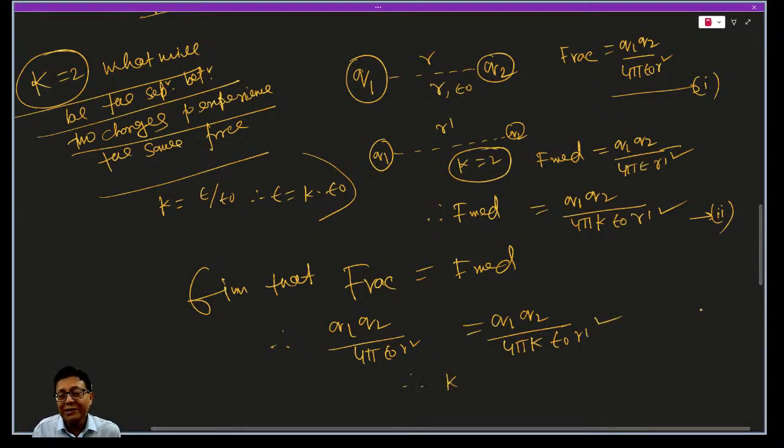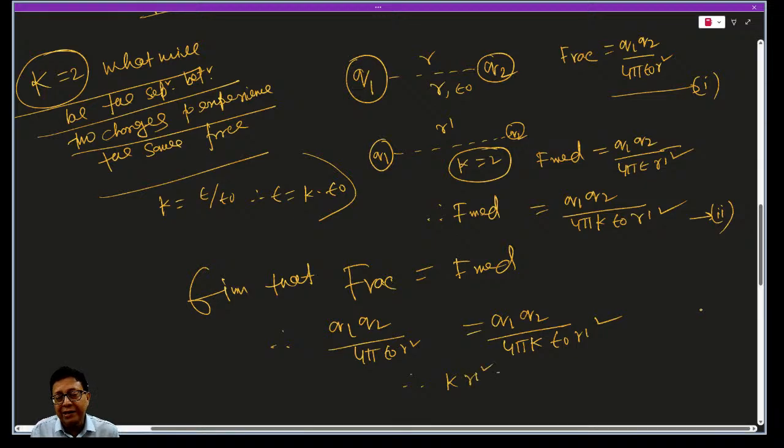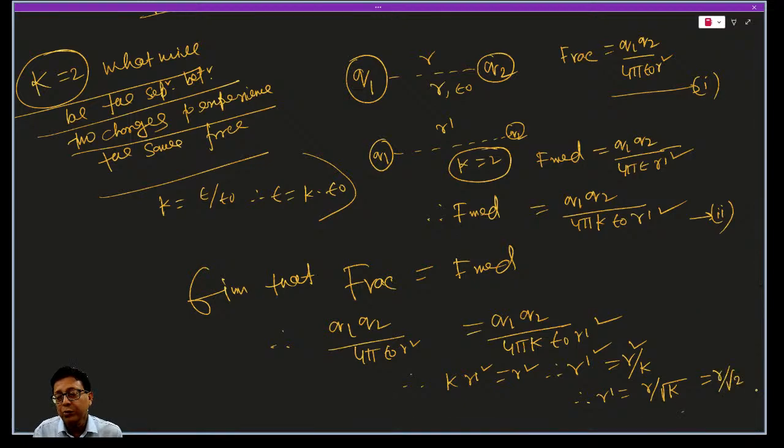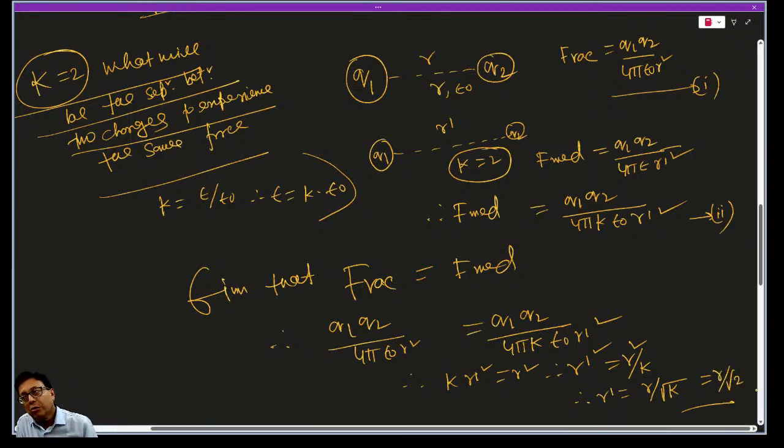So all terms get cancelled except K and R dash square. So R dash will be R by root K. So R by root 2. Okay. So distance now has to be decreased to experience the same force.